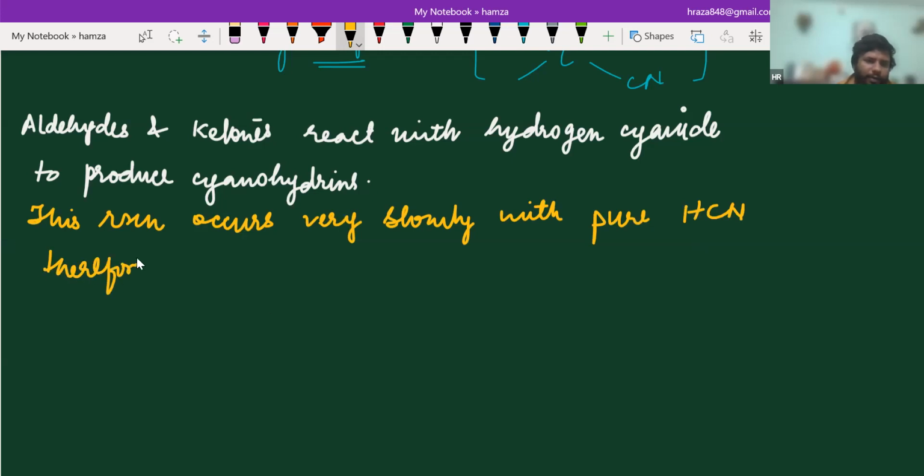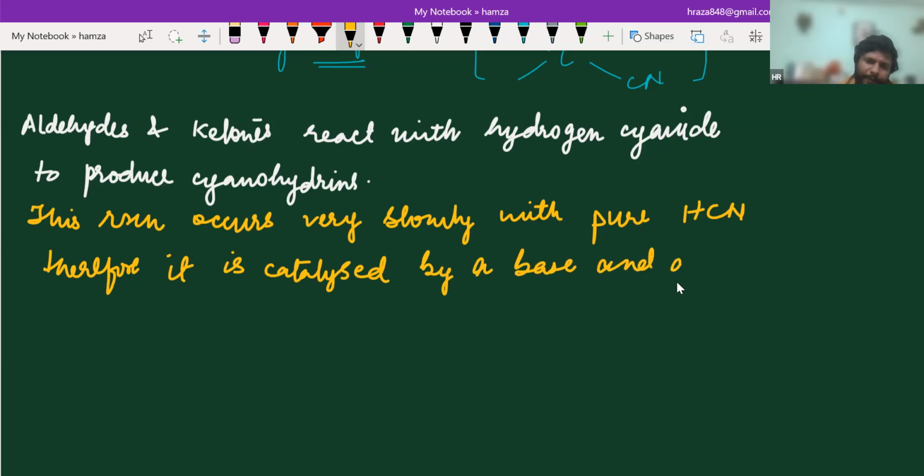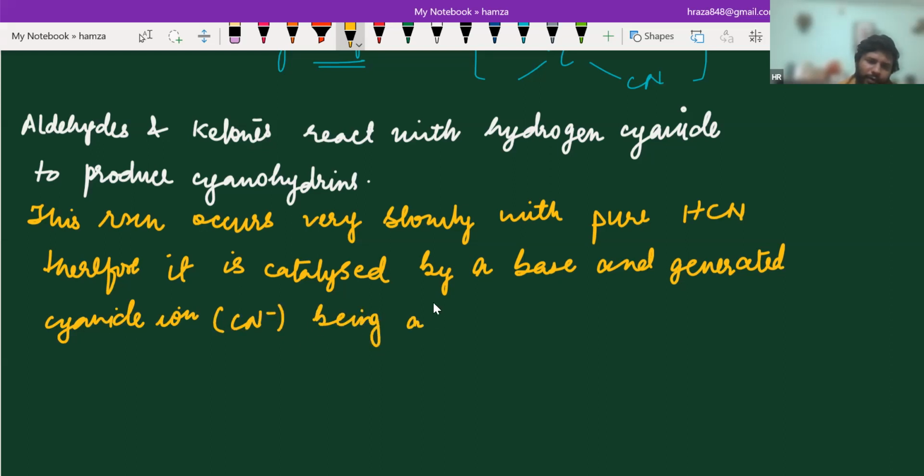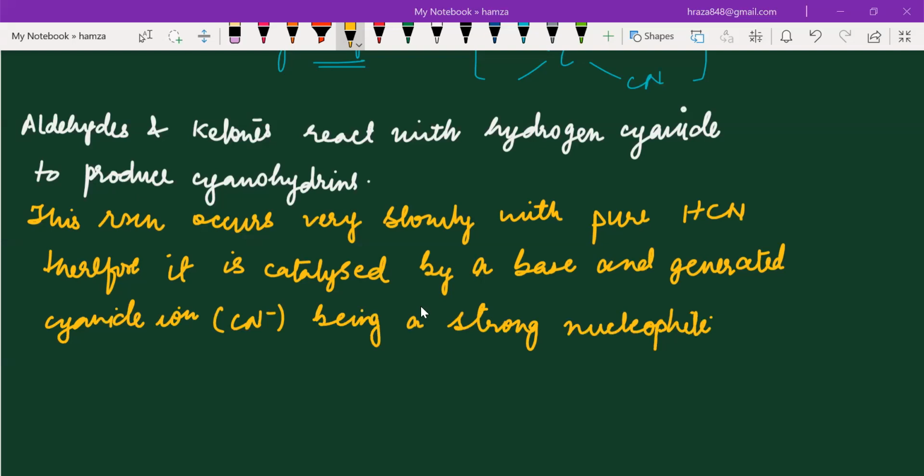Therefore, it is catalyzed by a base and generates cyanide ion, being a strong nucleophile. That's why it will easily attack the electrophilic center.